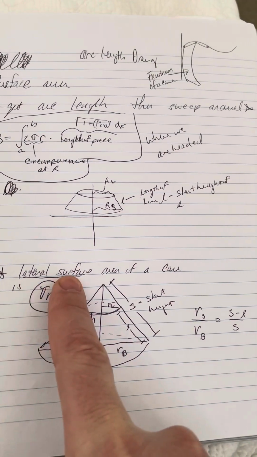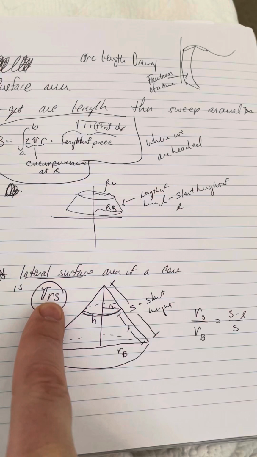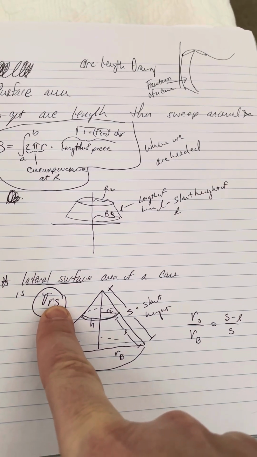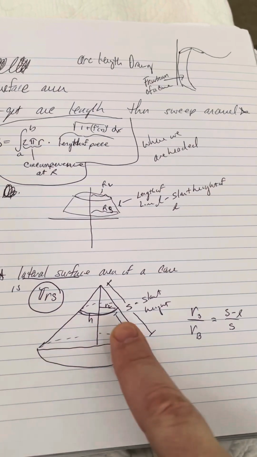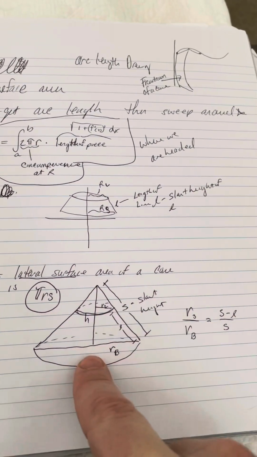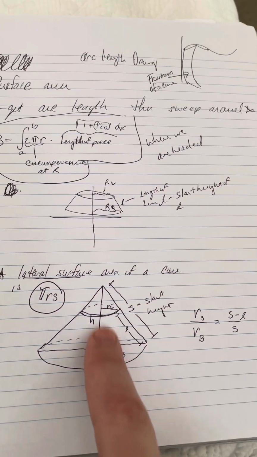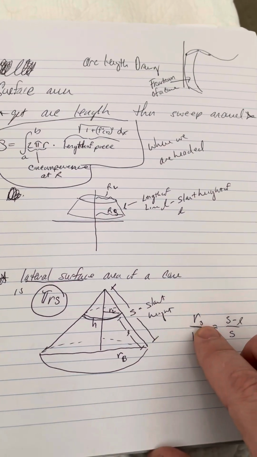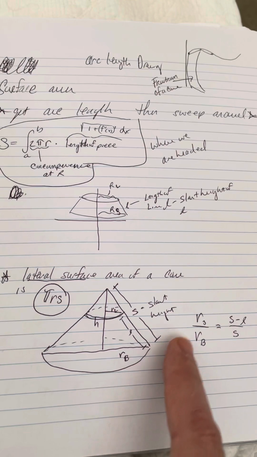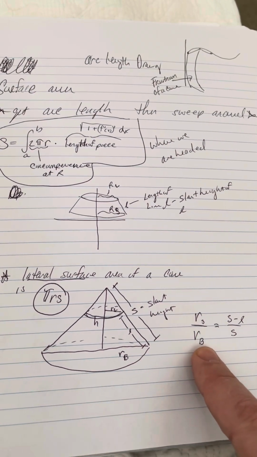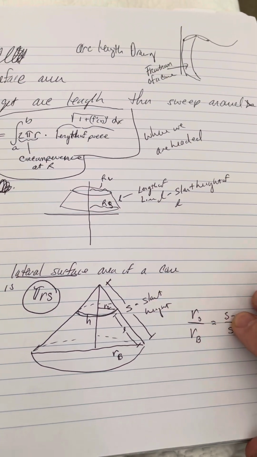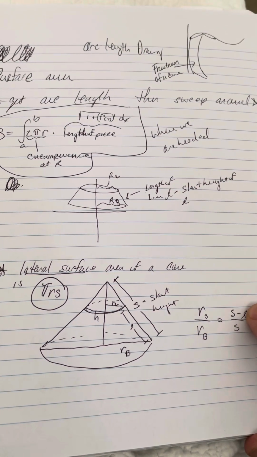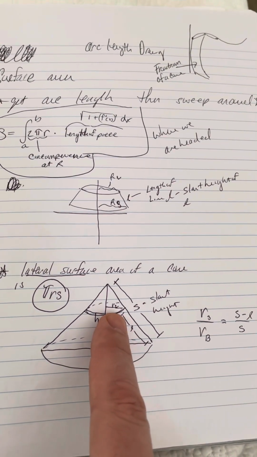And then the lateral surface area of a cone is pi times the radius times the slant height. Well, let me pick up here again, and we're going to use similar triangles. And we're going to have that the radius of the small cone divided by the radius of the big cone is equal to the slant height of the big cone minus the L. So that is our frustum.